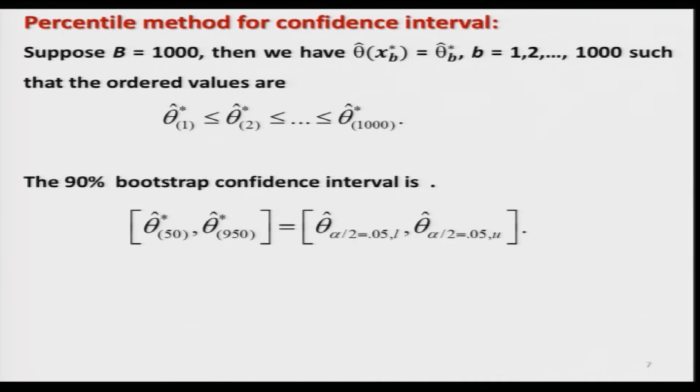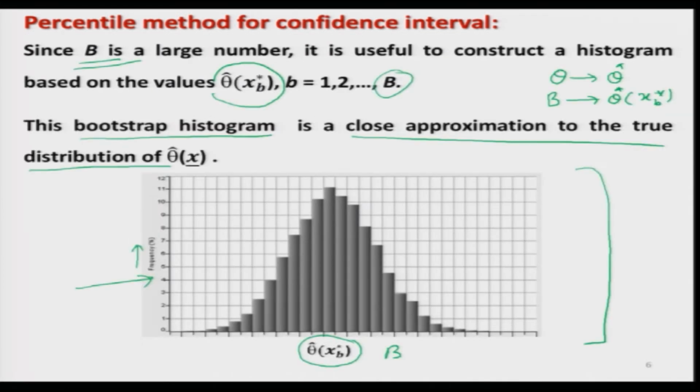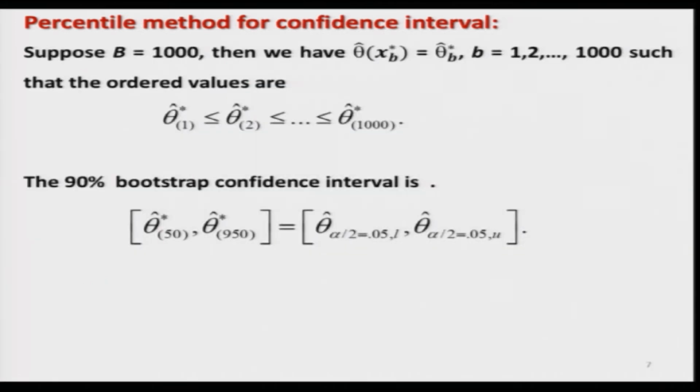So now we have obtained all the values of theta hat x b, and we can arrange them in increasing or decreasing order, and then obtain the ordered values. Suppose I have obtained 1000 bootstrap samples, so B is here 1000, and I rearrange them in increasing order.